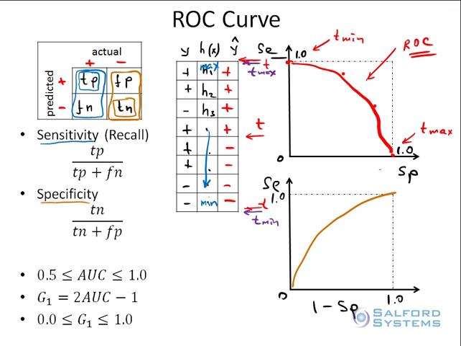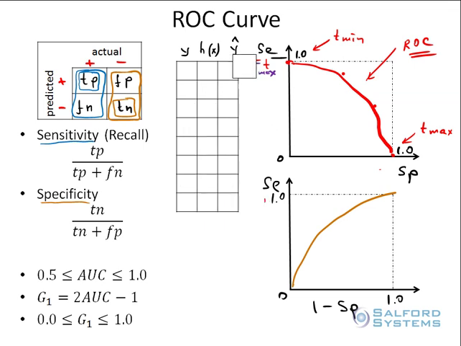Now, let me erase some of these things here and quickly highlight the following. What happens when we have a very good or perfect classifier is the following. Once we have made our predictions and sorted the records here, what we expect when the classifier is good is to have all positives above all negatives.